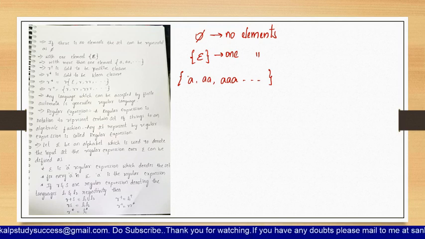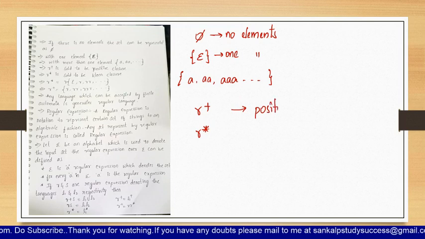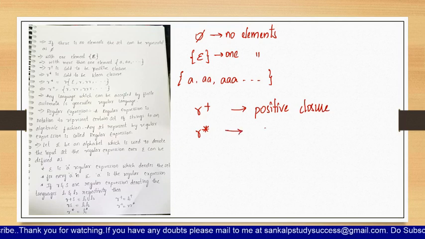So here we have two closures, which are r plus and also r asterisk. This is nothing but asterisk. So here r plus you can call a positive closure, and r star or r asterisk is nothing but the Kleene closure.